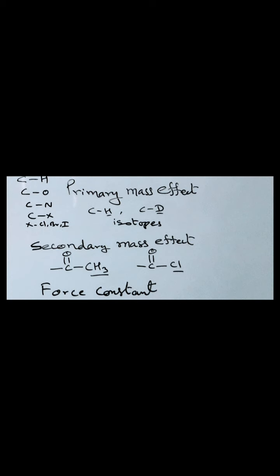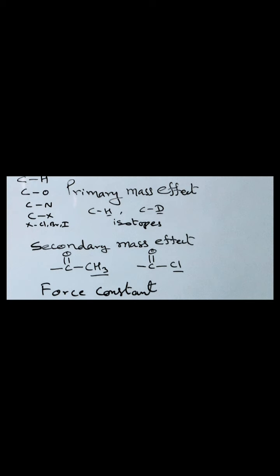Mu is equal to mx my divided by mx plus my. So if there is a change in the mass of the atoms connected by the chemical bond, what happens to the frequency of absorption? Since the reduced mass of the system is in the denominator, it definitely influences the frequency of absorption, expressed in wave number nu bar.